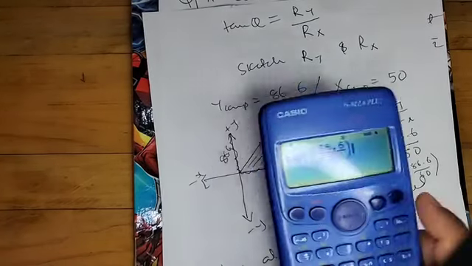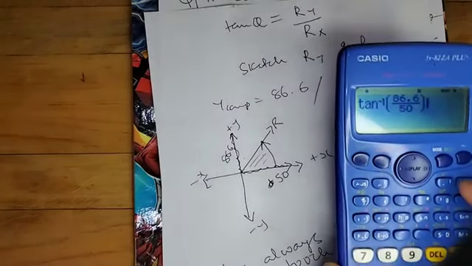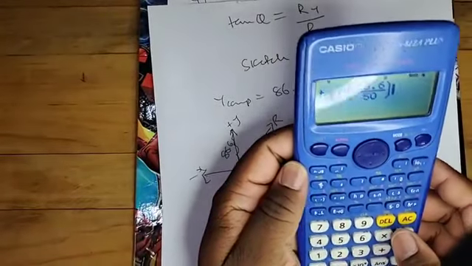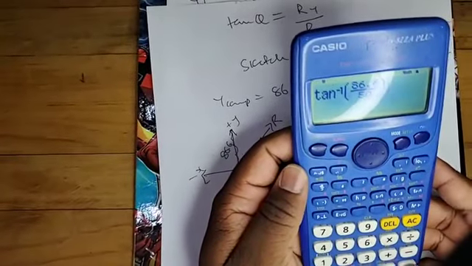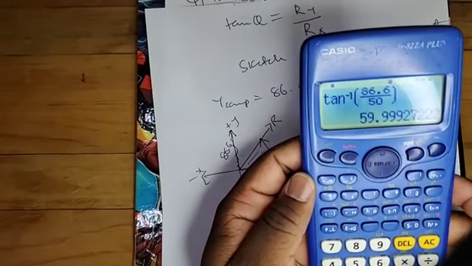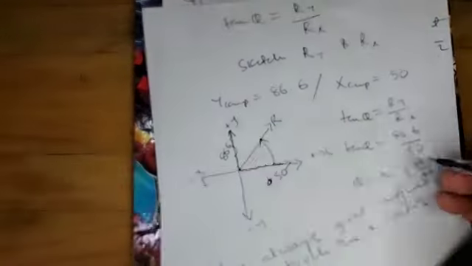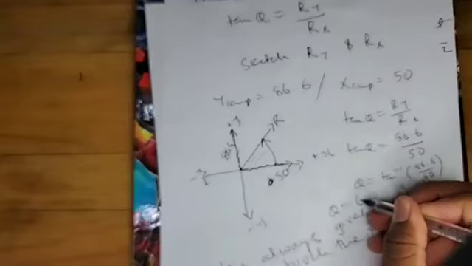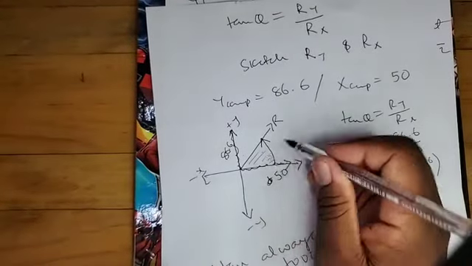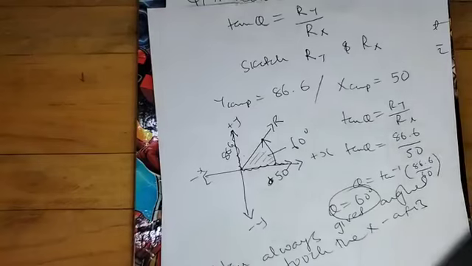I hope this is visible. Okay, good. So what will this give us? This gives us 59.9999, which is essentially 60 degrees. And the 60 degrees is being read from the positive x-axis.